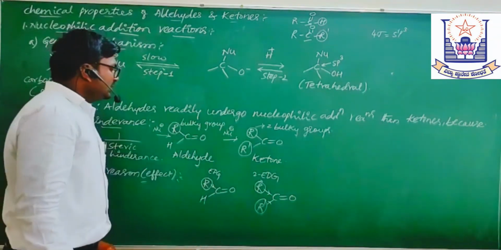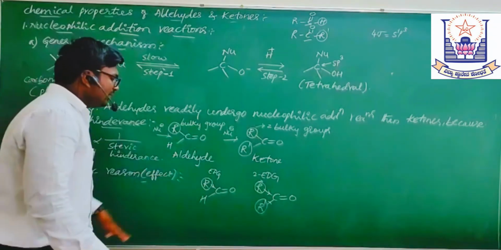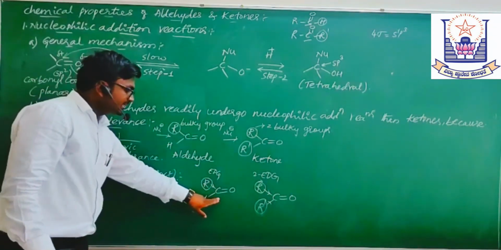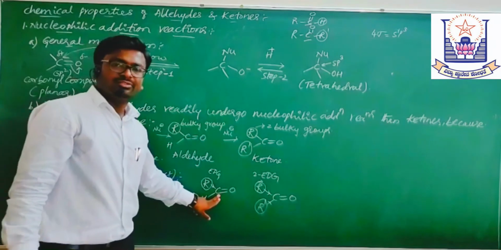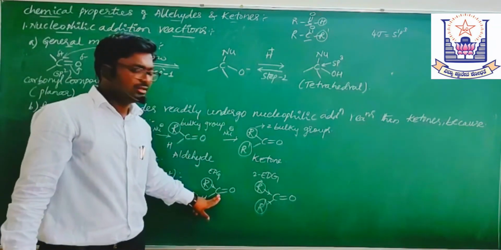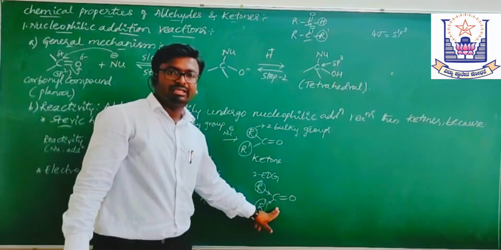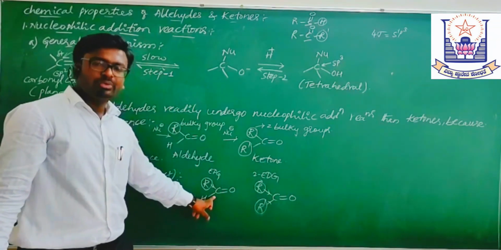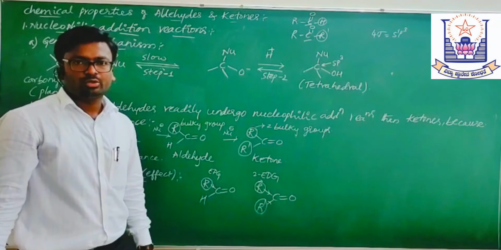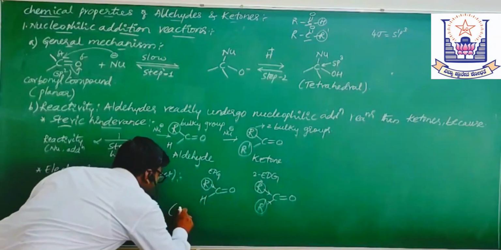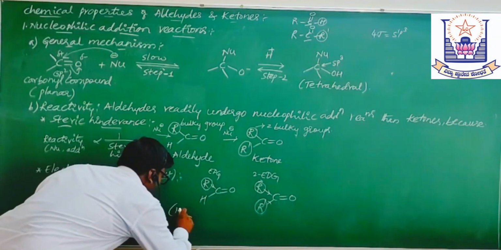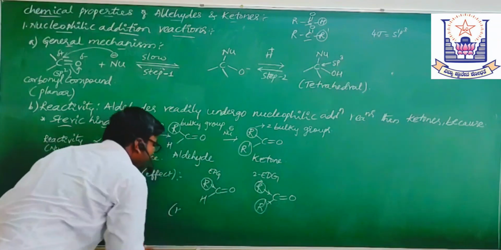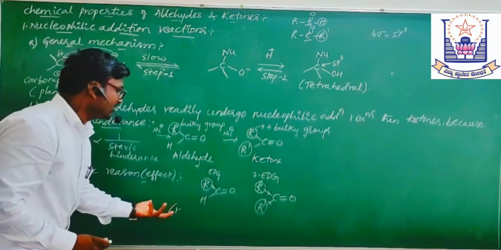See here, when a nucleophile comes and attacks this carbon, this is sufficiently electrophilic in character. This is less electrophilic in character. This is highly electrophilic in character, that is why it is readily attacked by the nucleophile.